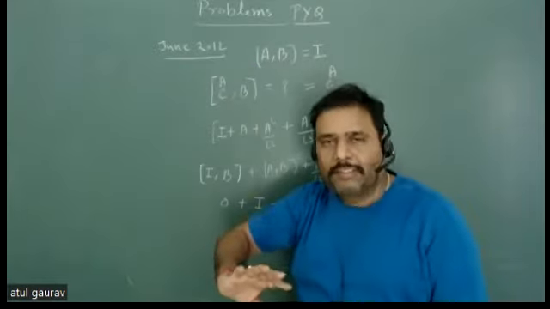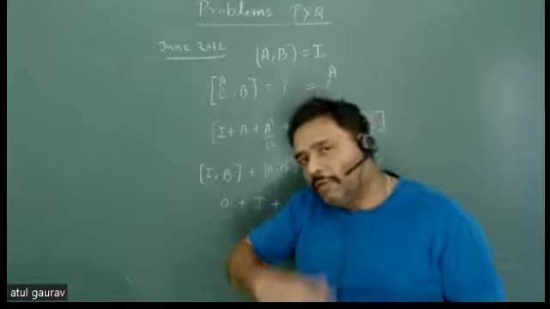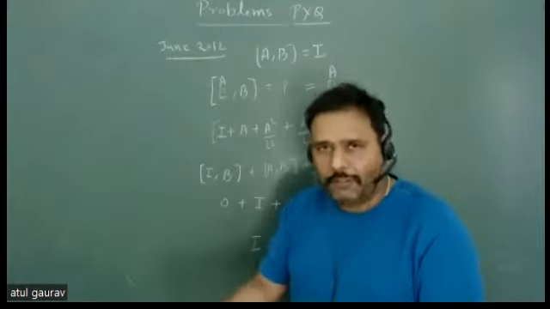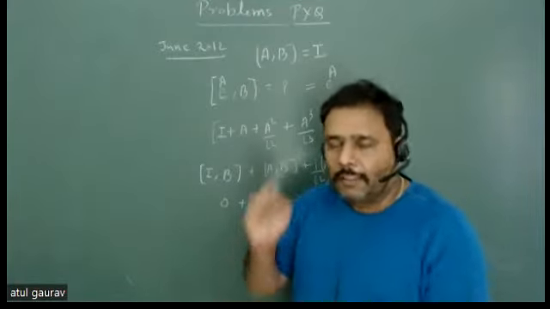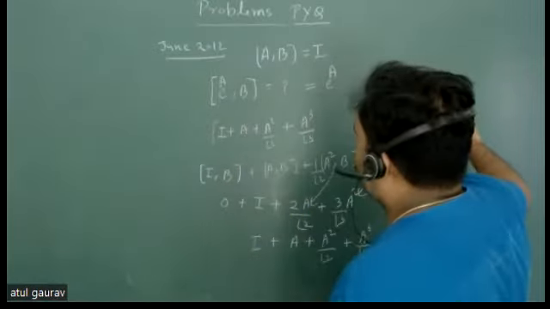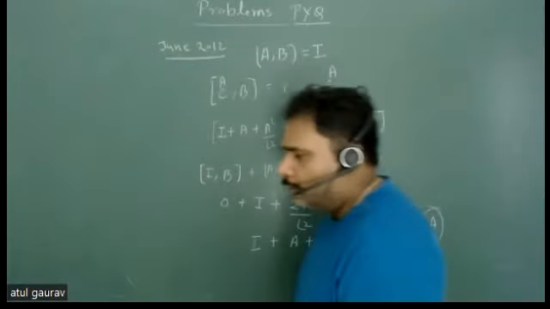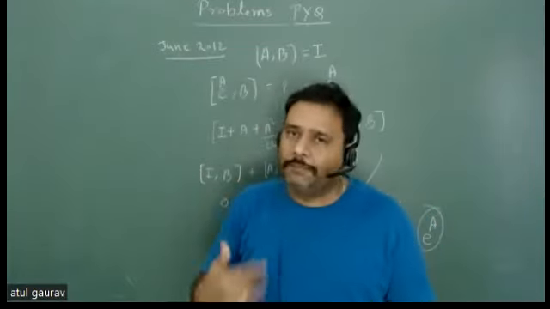Either you have a series related to that function only, or a series related to its first order differentiation or something else. So always keep in mind that when you open all these commutations, you will get some particular series.